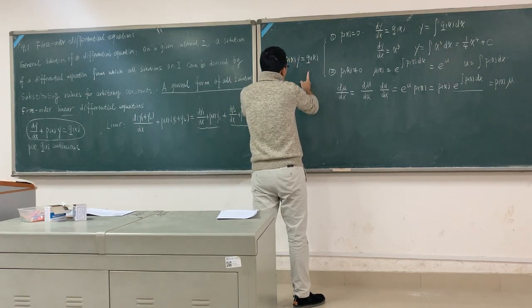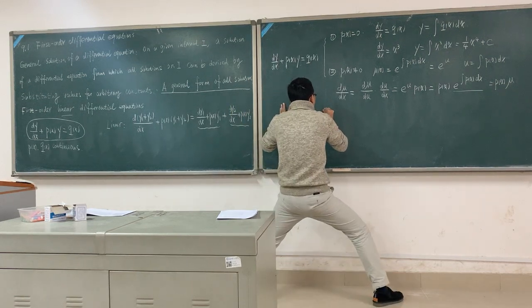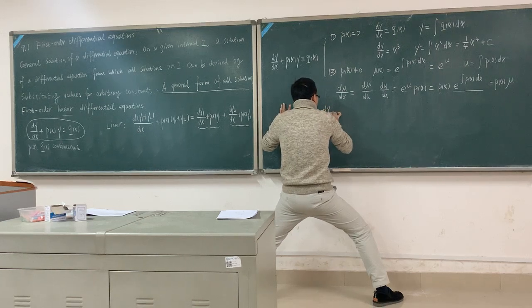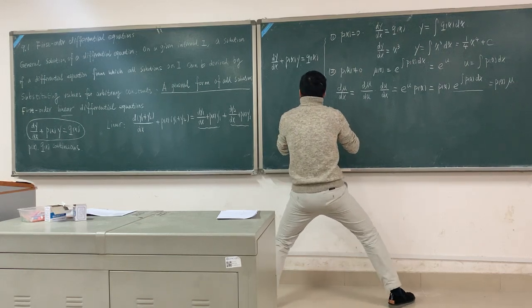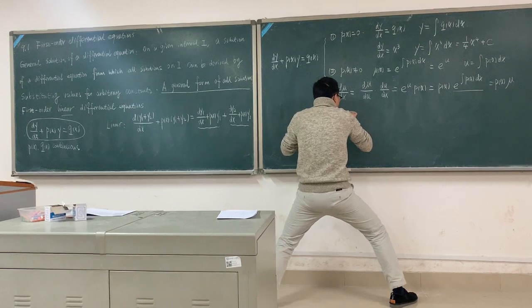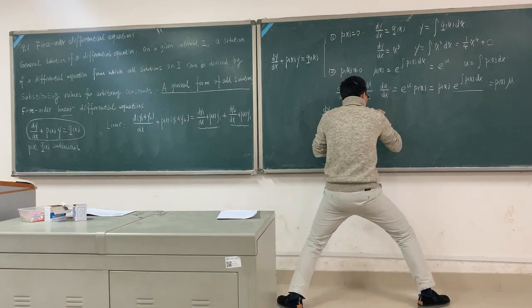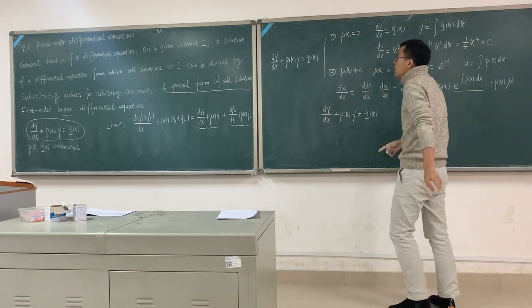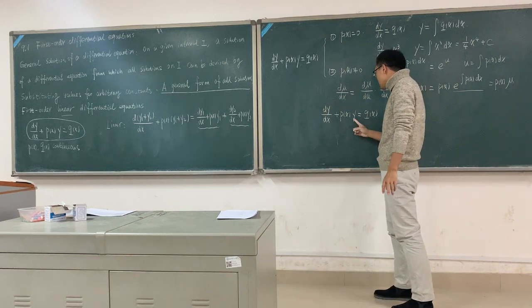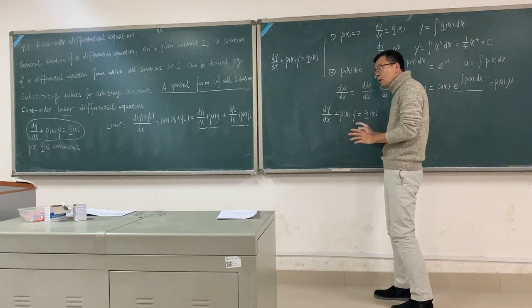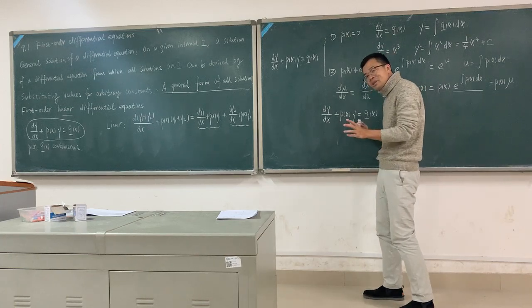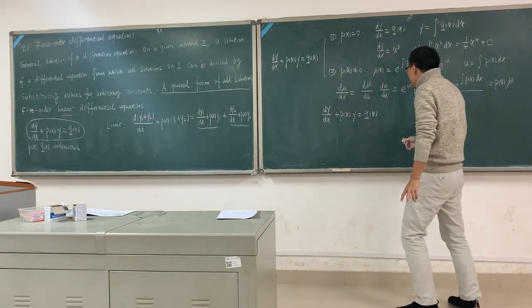For this equation, dy dx plus p(x)y equal to q(x), now we multiply by mu on both sides.